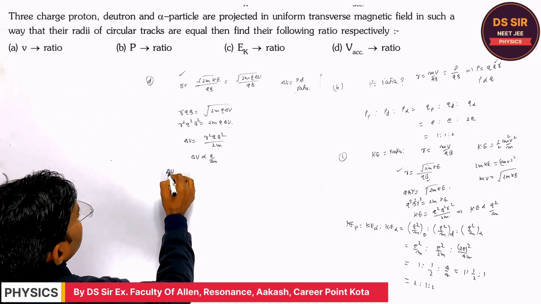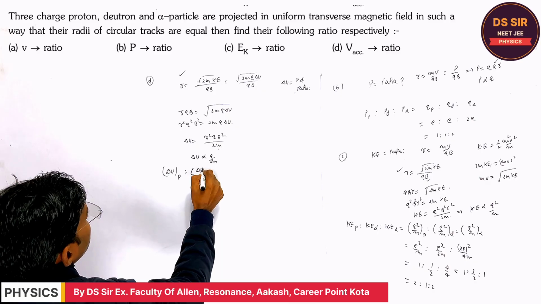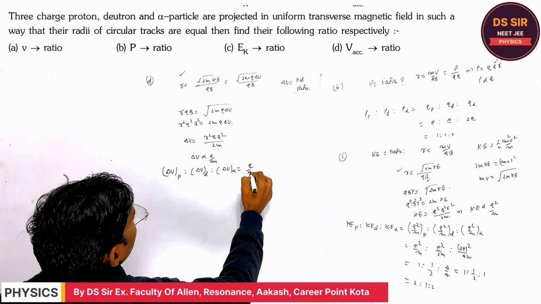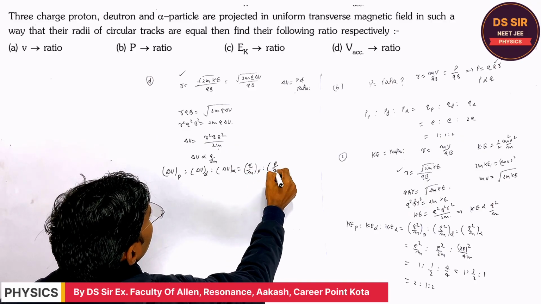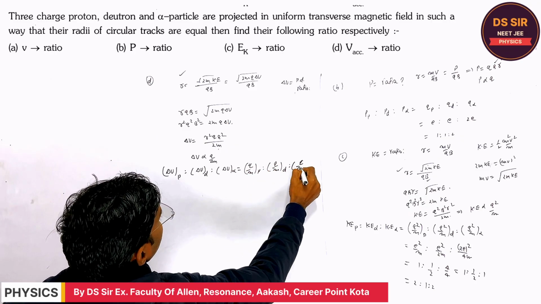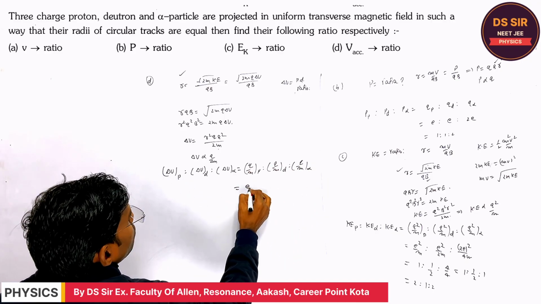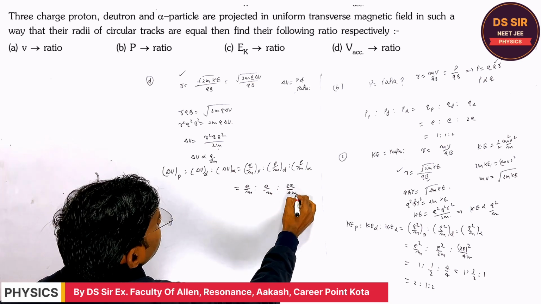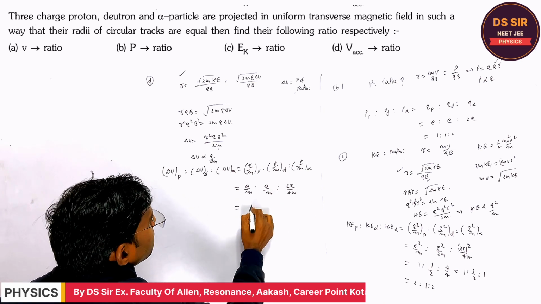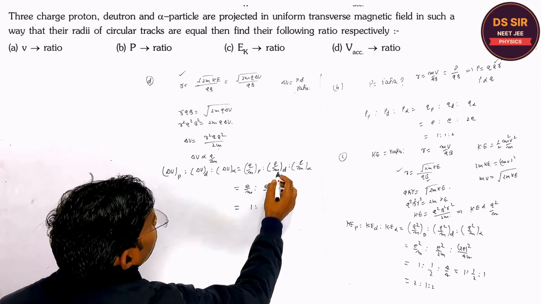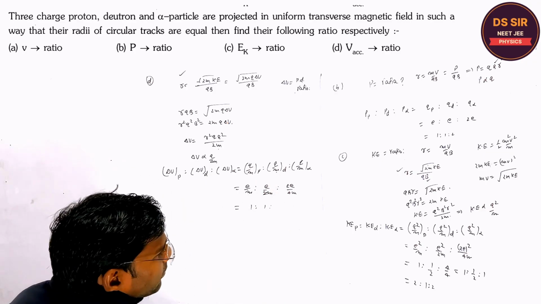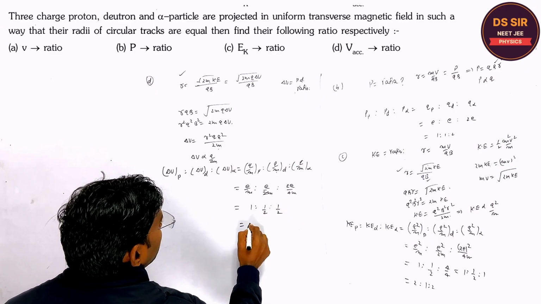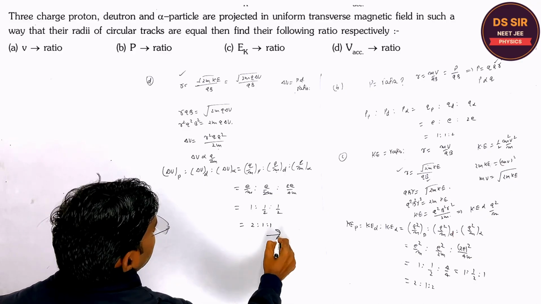So delta V of proton, deuteron, alpha is q by m of proton, q by m of deuteron, q by m of alpha. So E by m, E by 2m, 2E by 4m. E by m cancels out. You will remember this. Right? So the answer is 2 is to 1 is to 1. So this is the answer.